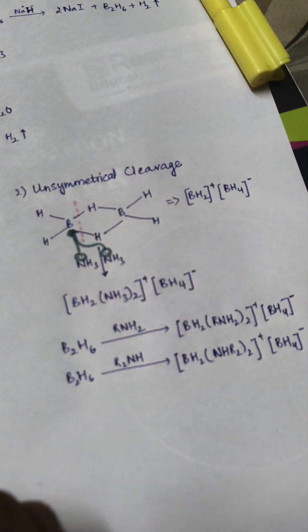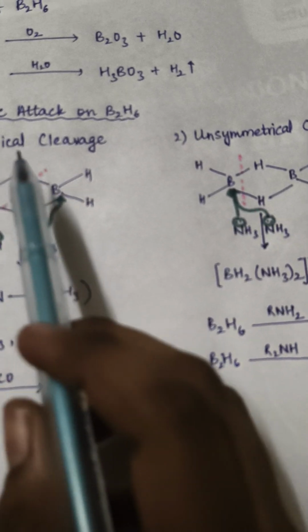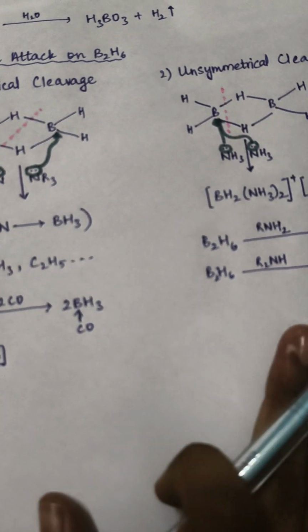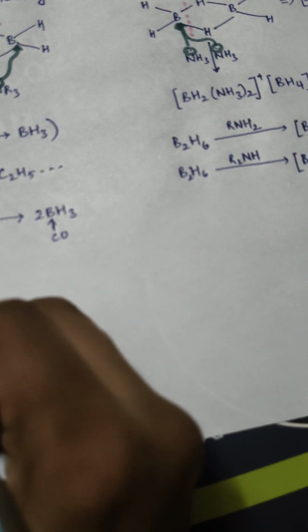So even in these, except for R3N, the 3 degree amine, here you have unsymmetrical cleavage. The easiest.